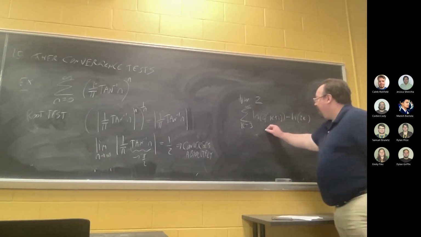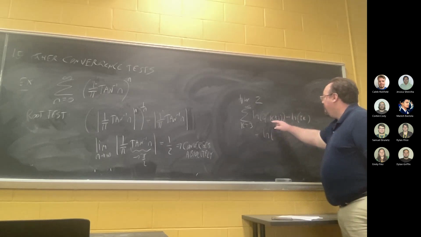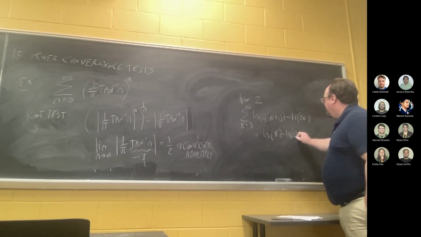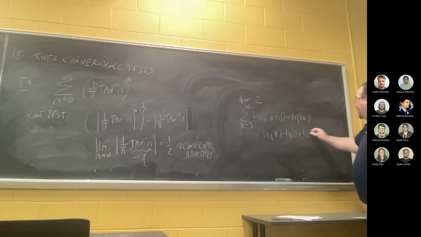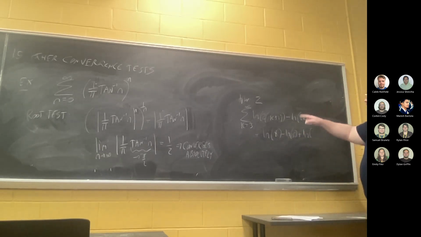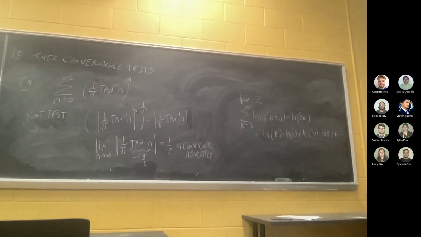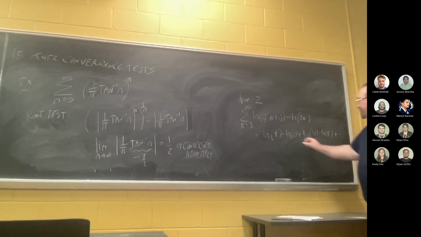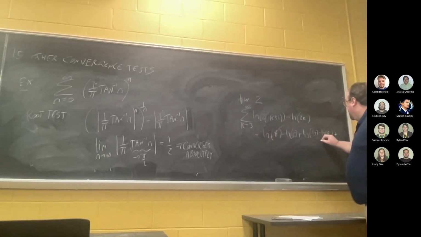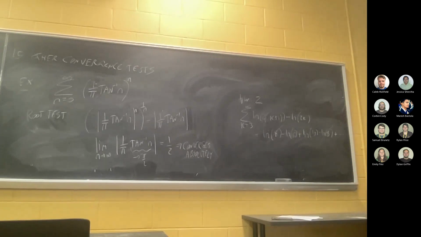Okay, so what we get, we do partial sums, we get ln 8 minus ln 6 plus ln 10 minus ln 8, and so forth. And we see, for instance, the ln 8s will cancel out. And if you were to keep going, the next term, ln 10, would cancel out.